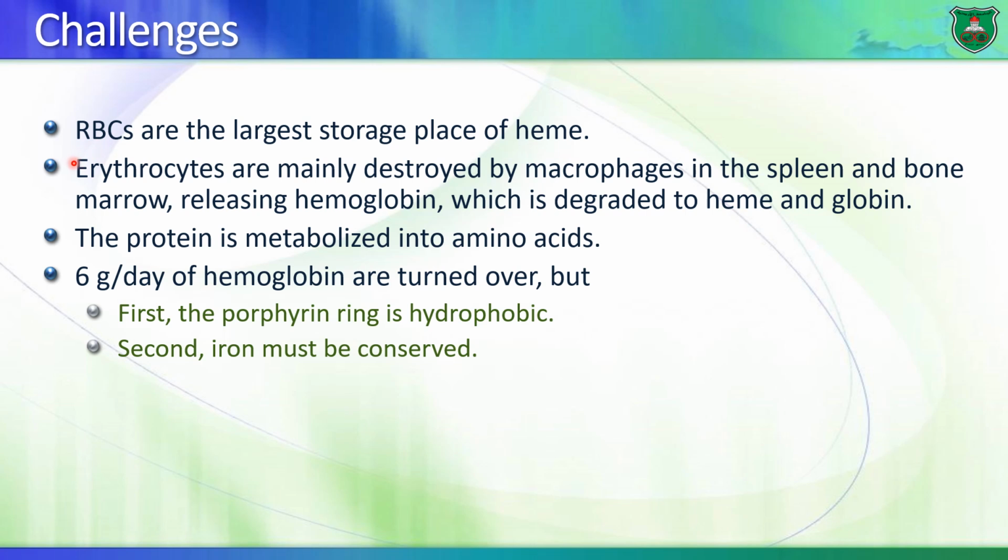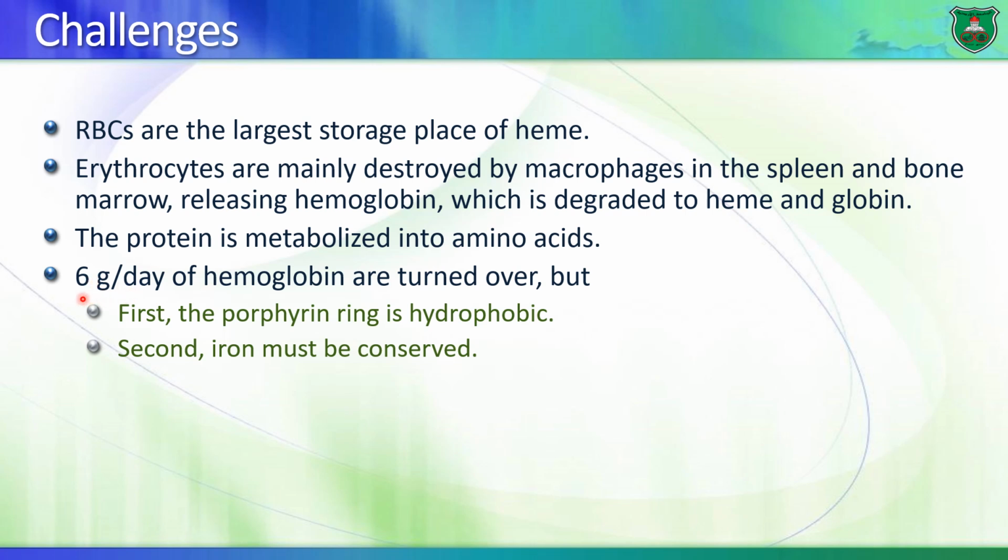Anyhow, erythrocytes are destroyed by macrophages in the spleen and bone marrow, releasing hemoglobin, which can be degraded to heme and globin. Now the globin protein can be catabolized into amino acids, and they can be recycled. But there are challenges, because you have a huge amount of hemoglobin that is turned over a day.